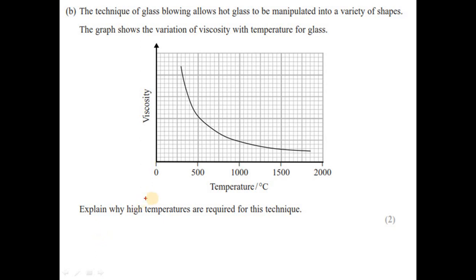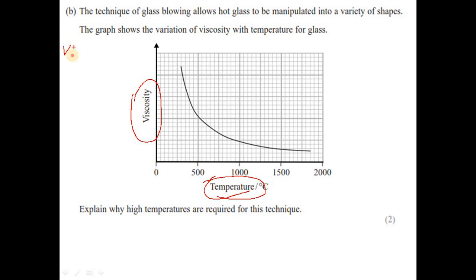Explain why high temperatures are required for this technique. Okay, so if you see the graph, it is clearly showing an inverse relation between temperature and the viscosity. That means you can say that viscosity is inversely proportional to the temperature.